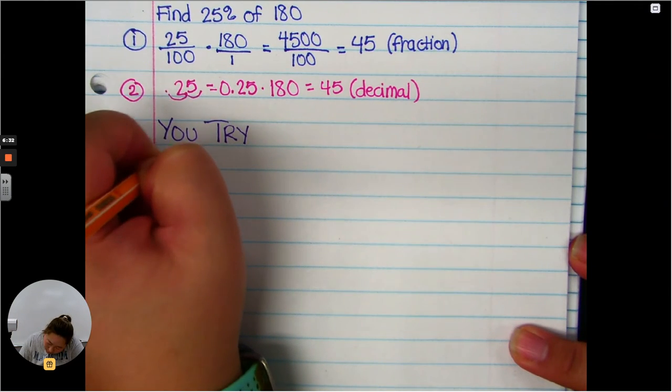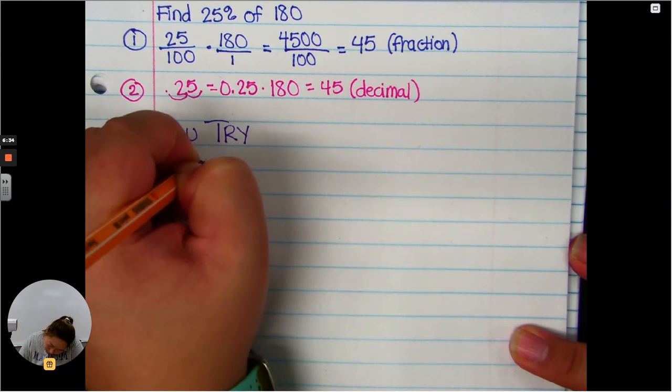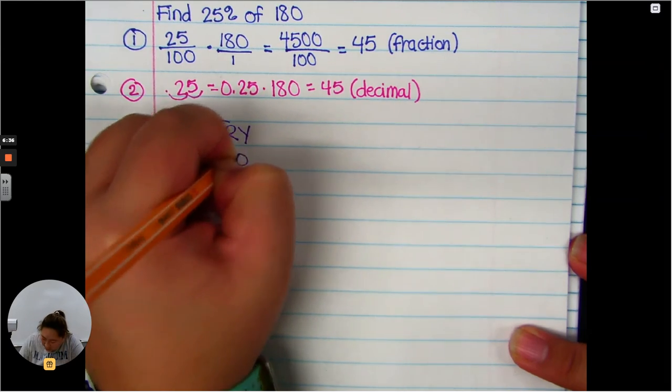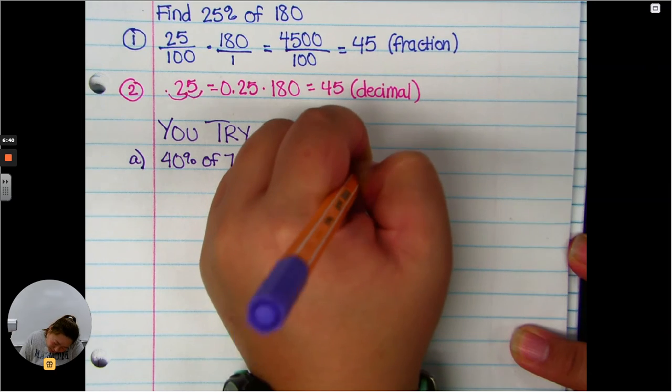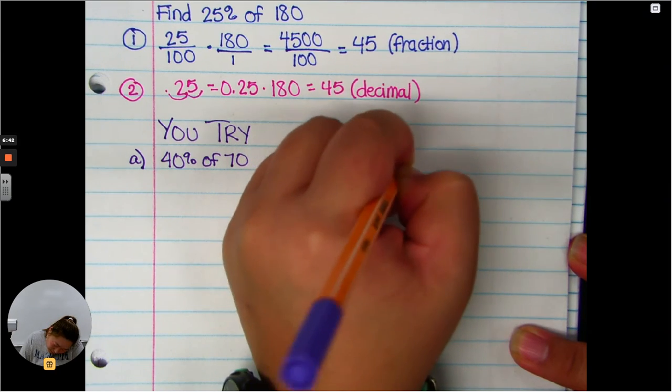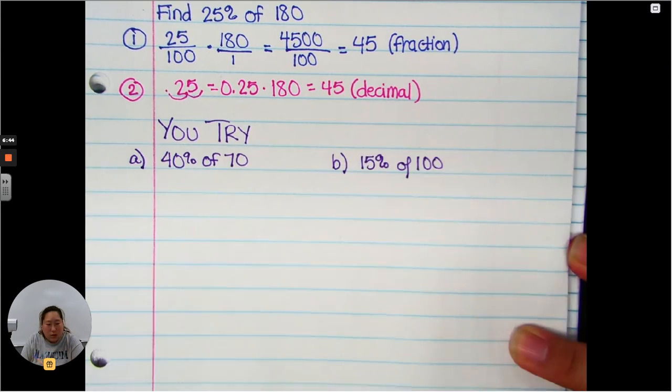So 40%, so you're finding 40% of 70. You are finding 15% of 100.